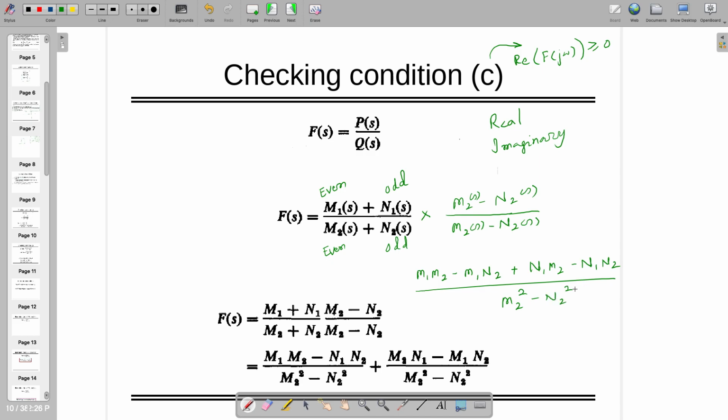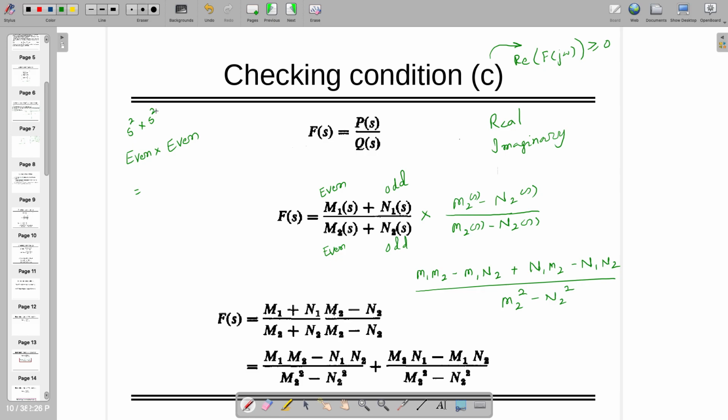There might be two possibilities. If I am multiplying even entries with even, what is going to happen? Will it be even or odd? It will be even, because if it is s square multiplied by s square, this is going to give me the real part.